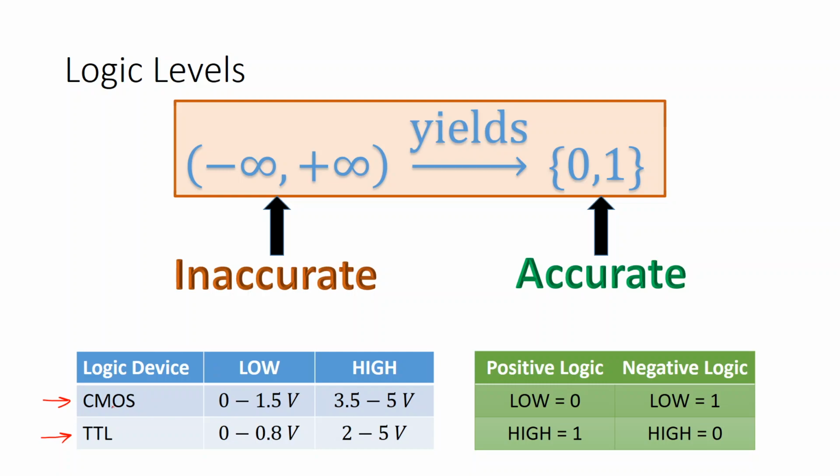For logic gates made with CMOS devices, I guess in your analog electronics class you have studied the BJT, the FET, maybe also the MOSFET. CMOS is also a certain type of transistor, the most modern one in use, and we will actually study the CMOS logic gates.